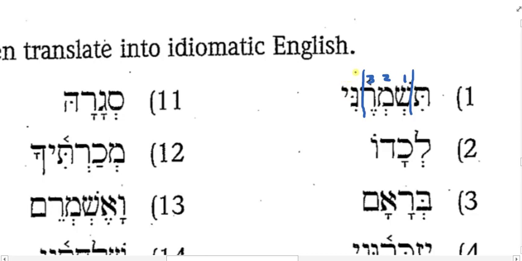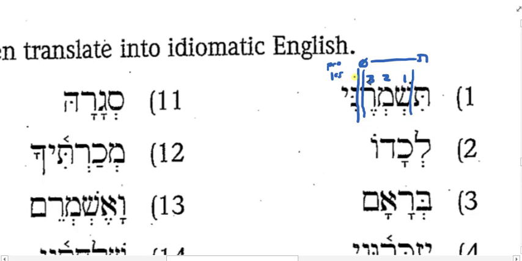That is an identifiable pronominal suffix, and so it appears that I don't have any ending to go with the tav prefix. In other words, it's a prefix tav with 0 ending here. Okay? Shamar is the middle part, and the ni is my pronoun, my suffix. Which pronoun is ni?